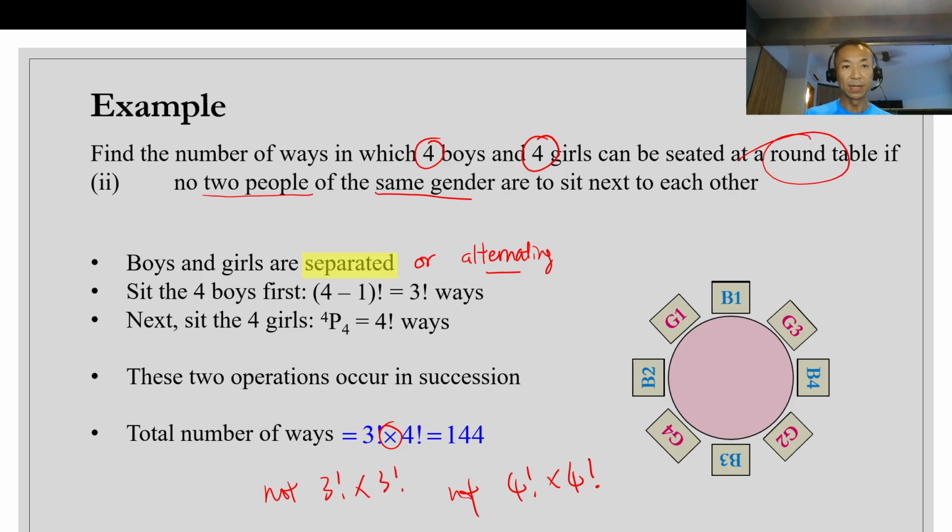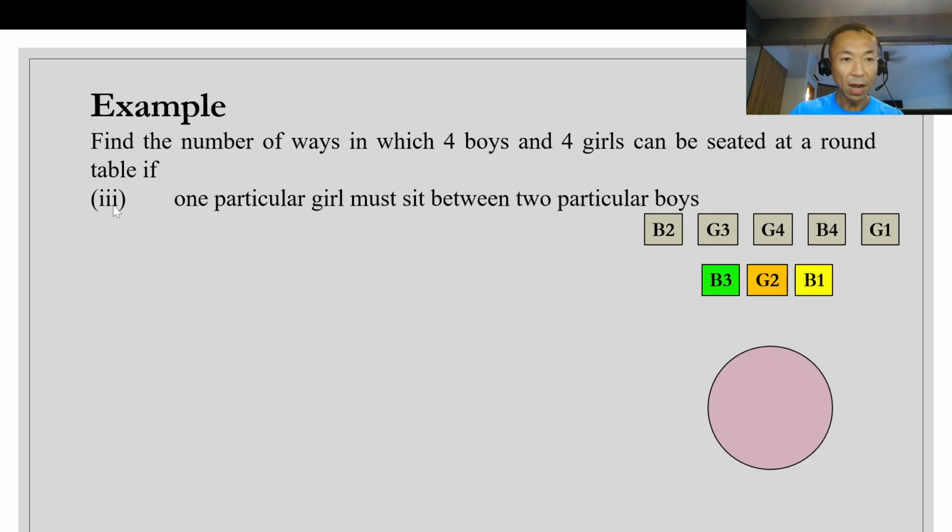Part 3. What if now one particular girl must sit in between 2 particular boys? Now, the word particular is important. So for discussion's sake, let's say the particular girl is G2. The 2 particular boys are B1 and B3. So these 2 are particular. It cannot be any other 2 boys. It cannot be any other girl. So these are fixed.